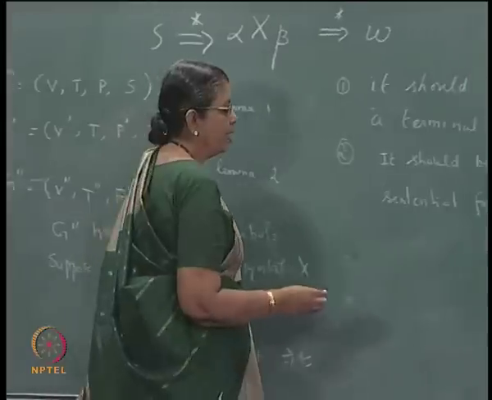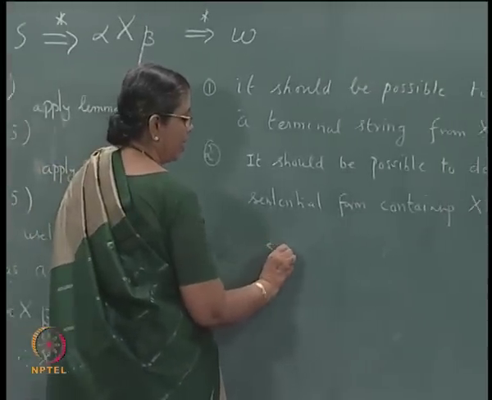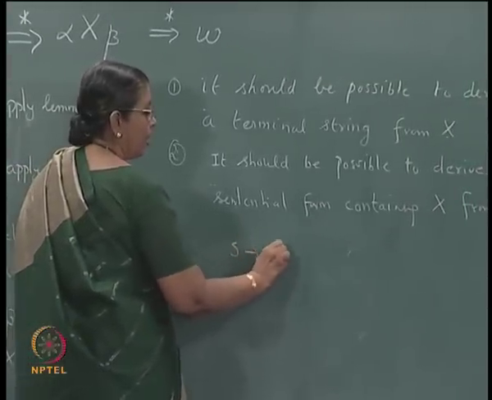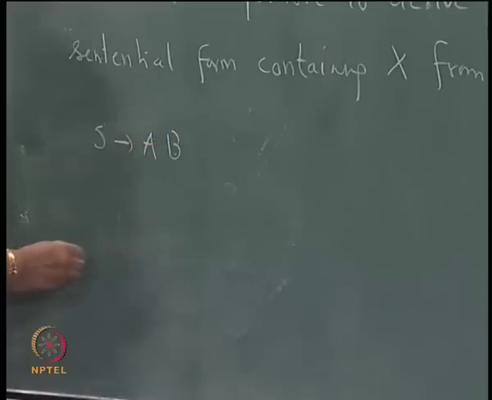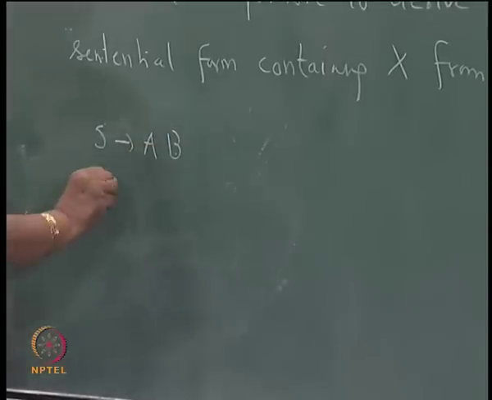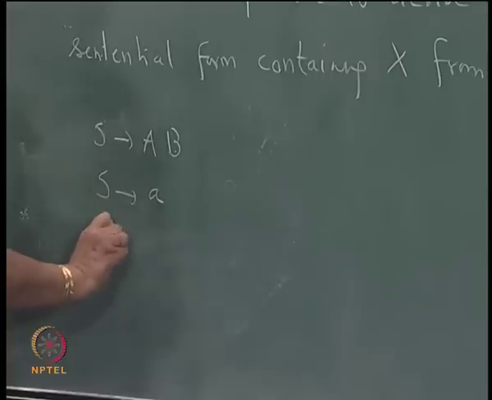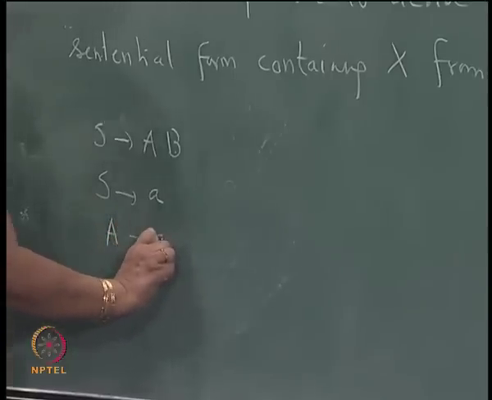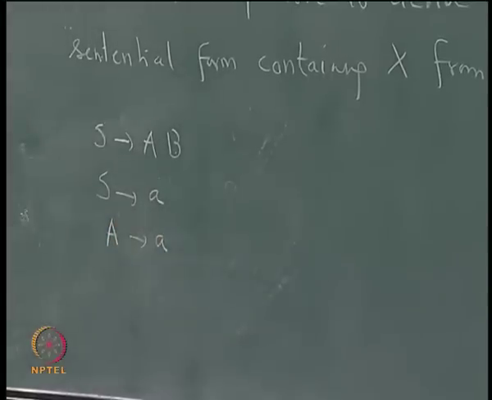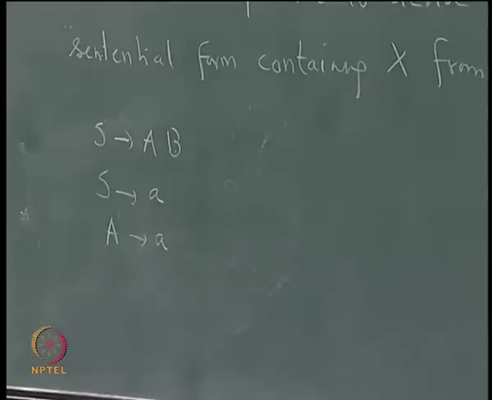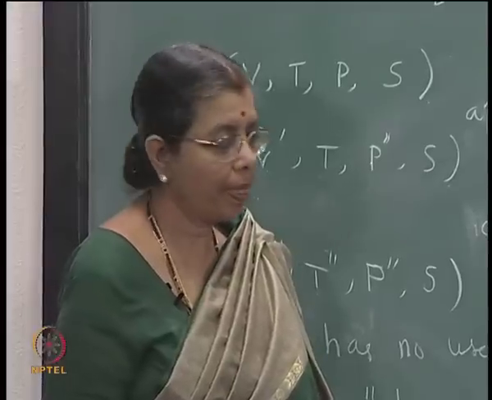For example, consider this grammar: S goes to AB, S goes to a, A goes to A. A grammar which has 3 non-terminals, S, A and B, and only one terminal, small a.